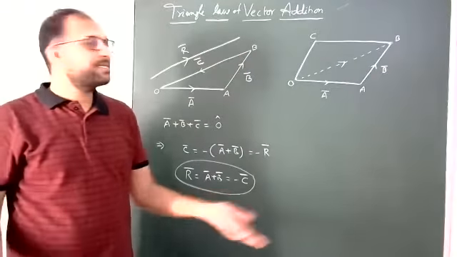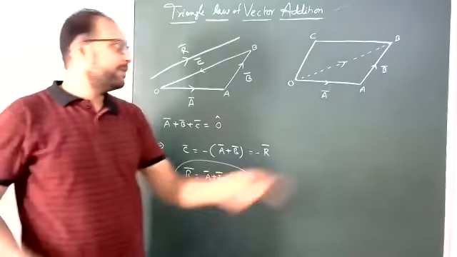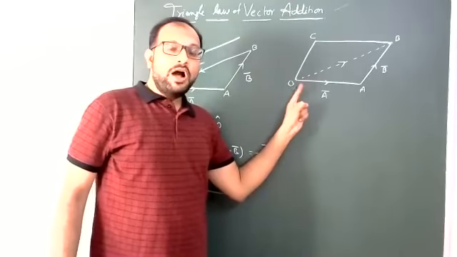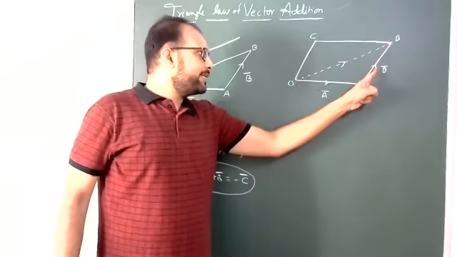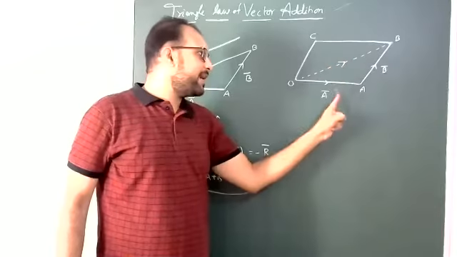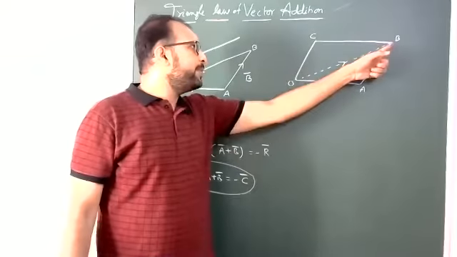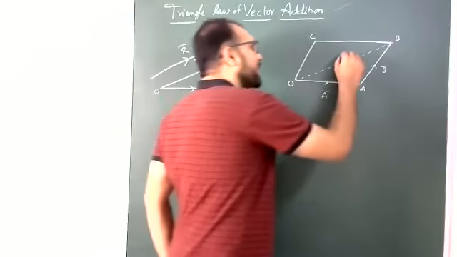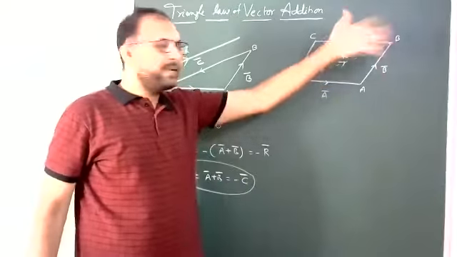That represents the vector addition of these two vectors. Yes, we already know: starting point of the first vector, ending point of the last vector. This connection is nothing but the vector addition of two vectors. So OB bar is nothing but the resultant of A bar and B bar.